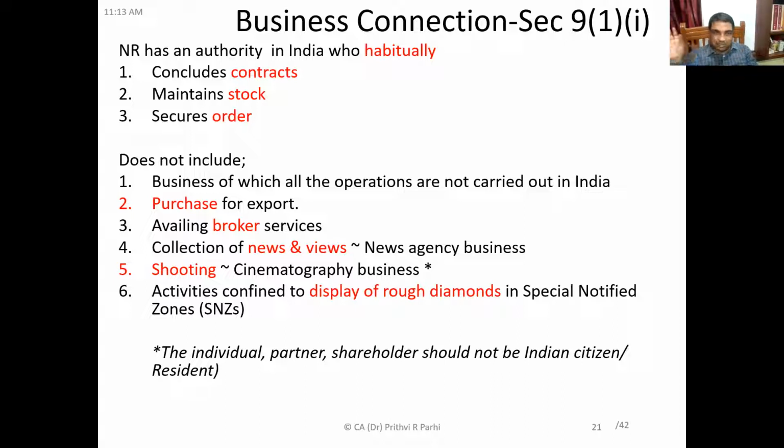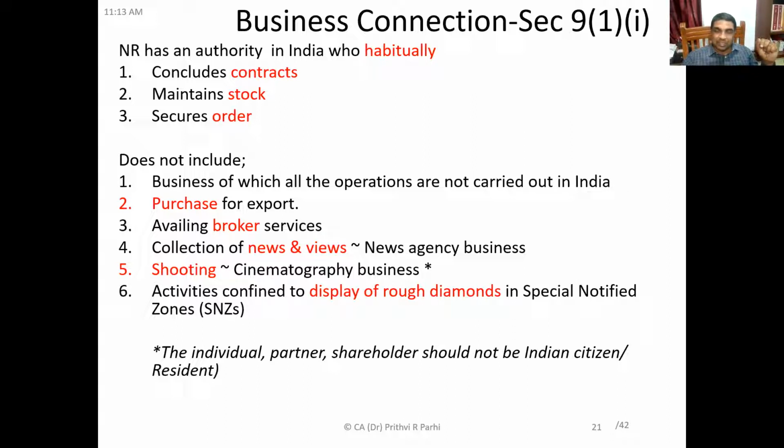Particular operations like purchases for export, or availing broker service, collection of news and views for news agency business, or shooting cinematography business, or activities confined to display of rough diamonds in special notified zones. These things will not constitute business connection. Are you getting?